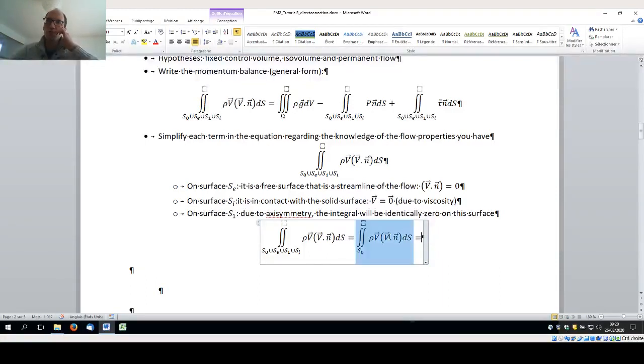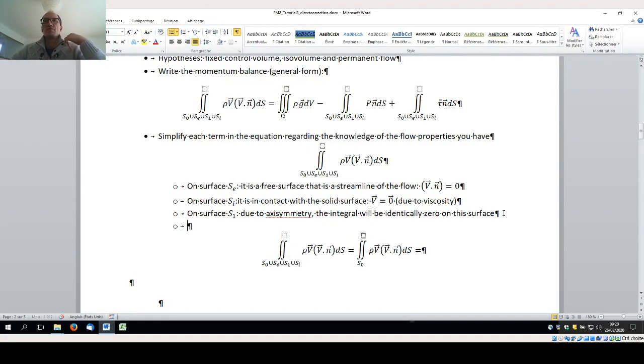This is to express this expression. In the inlet, what we can say is that on surface S0 it's a parallel flow, also isovolume. It's a parallel flow on isovolume, so this means that this rho v scalar n is something associated with the velocity squared.